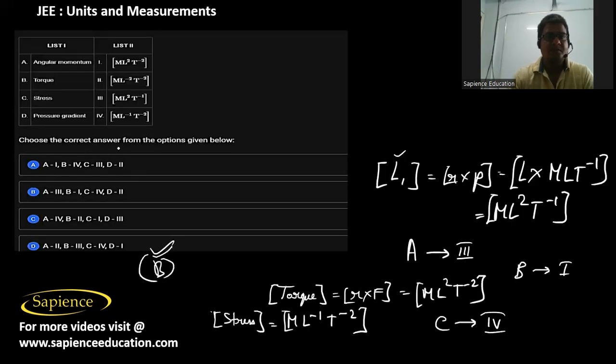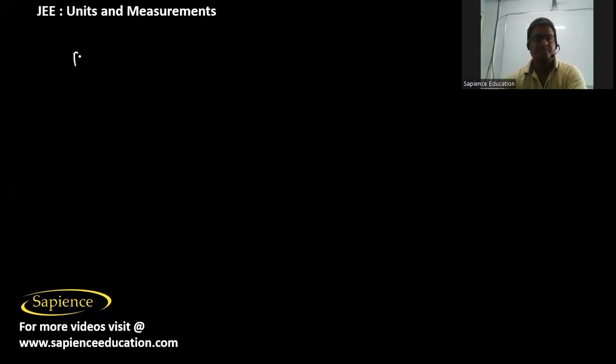And D is pressure gradient. A pressure gradient, it means it is dP by dx, which is pressure by length, which means it is change in pressure by change in the length.